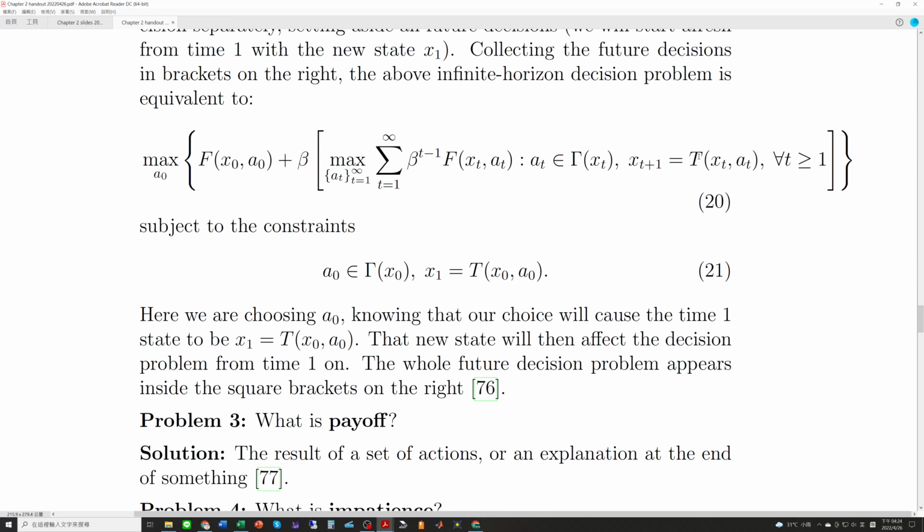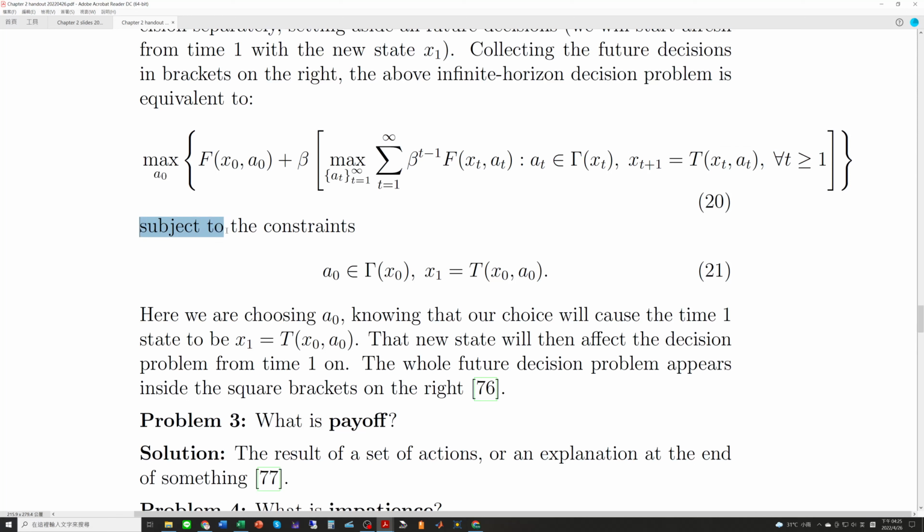So T of xt, at denotes the new state transition from the old state xt when action at is taken. Okay. So xt is the state at time t, and xt plus 1 is the state at time t plus 1 for all t greater than or equal to 1.